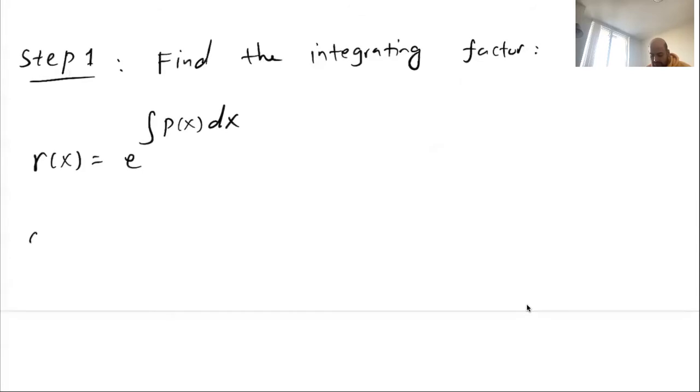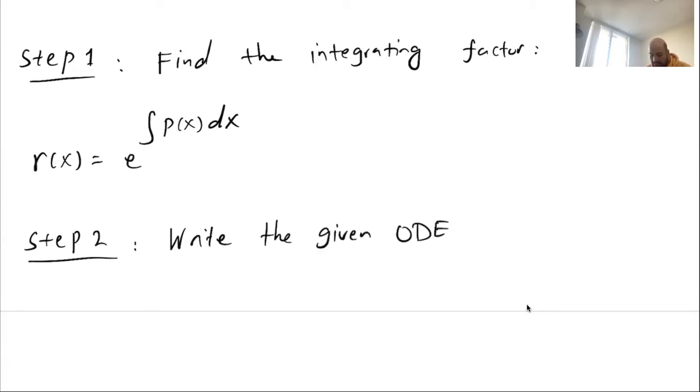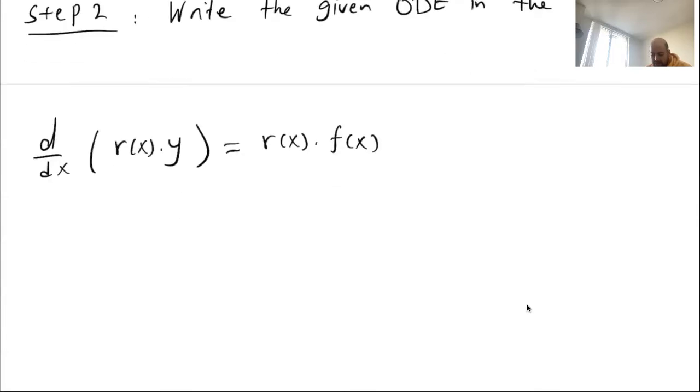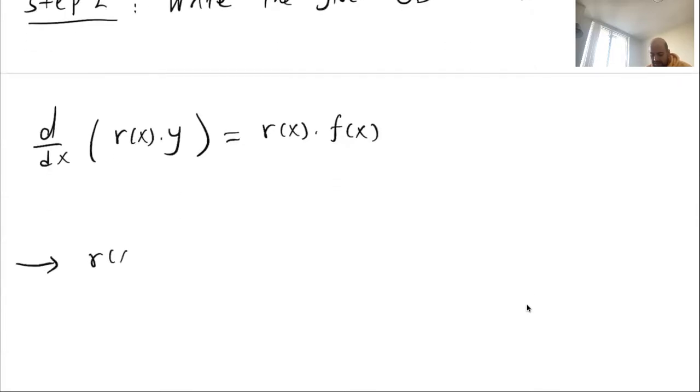And step two, write the given ODE in the form d/dx of r of x times y equals r of x times f of x. And this means that r of x times y equals the integral of r of x times f of x.